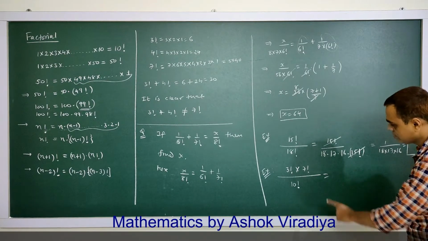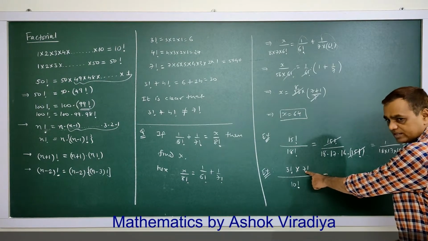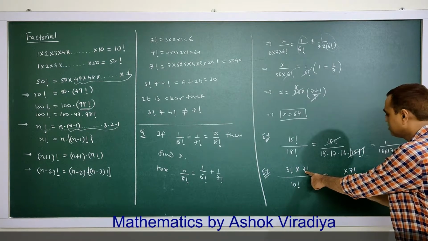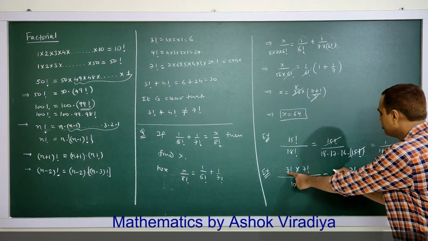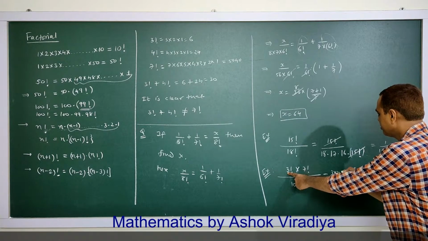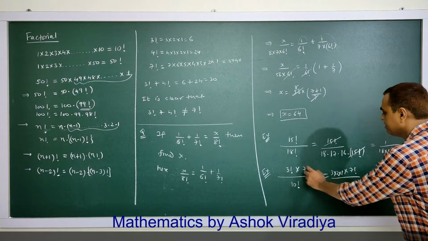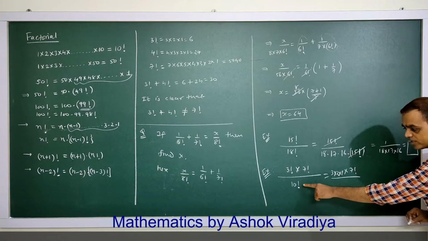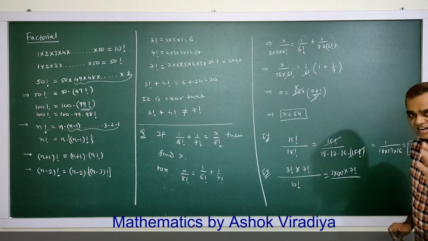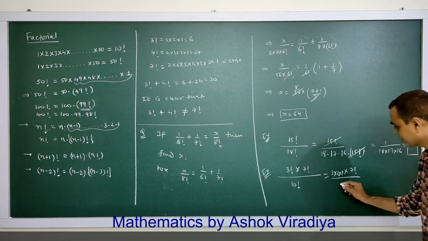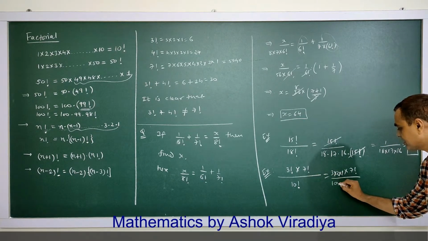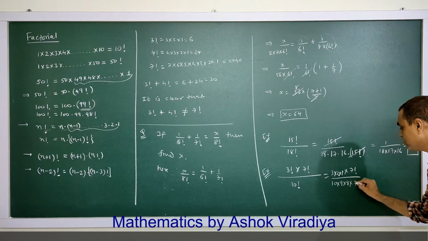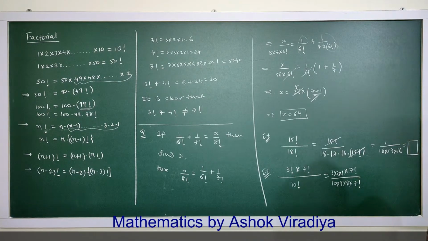So look, this is 7 factorial, 7 factorial. 3 factorial is 3 into 2 into 1. 7 factorial keep as is. 10 factorial can be converted into 7 factorial. So 10 factorial can be expressed as 10 into 9 into 8 into 7 factorial.